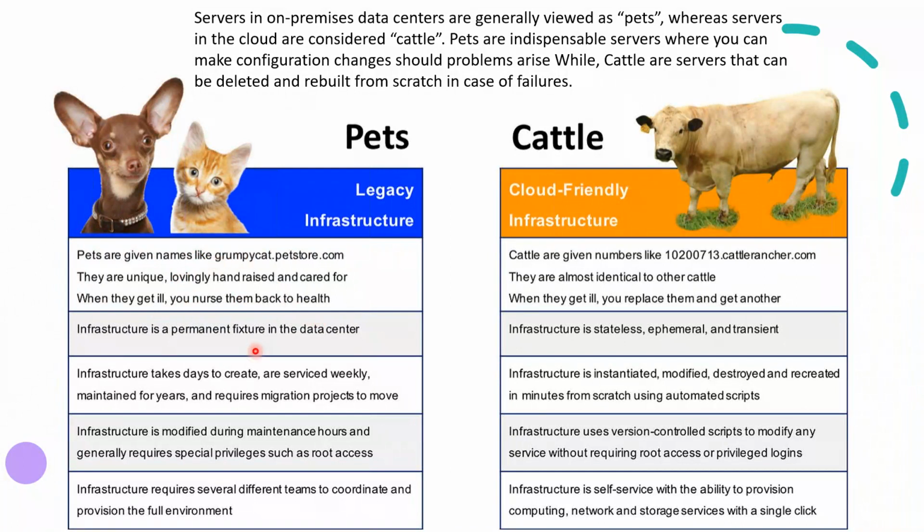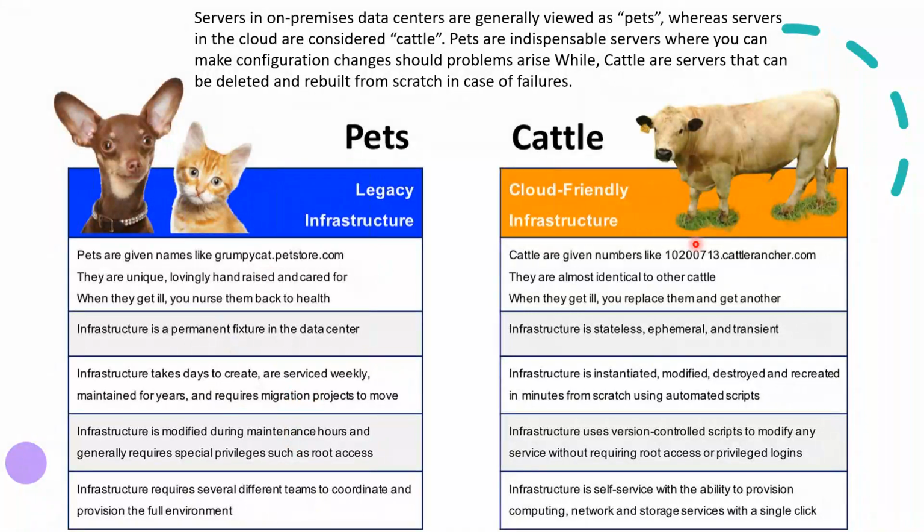Similarly, in the legacy infrastructure, the physical hardware in your on-premises data center is considered as pets in this DevOps analogy. So you maintain them, you run them for 8 years, 10 years, and then you have to upgrade them in place, or you do vertical scaling in the legacy infrastructure.